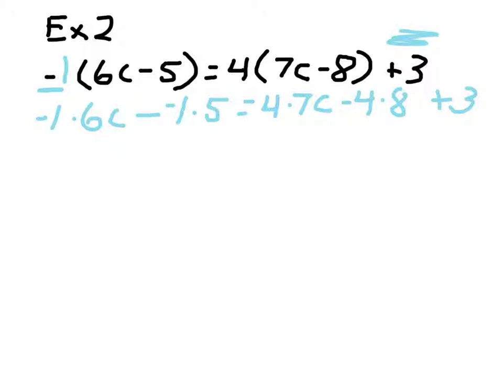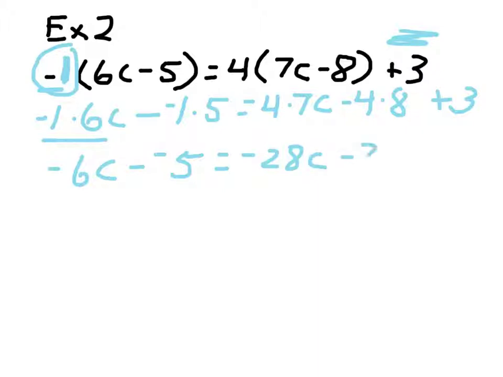Something I want to emphasize here: I just had a minus sign out there, so really I could write a 1 there, because it really means a negative 1, and we're distributing a negative 1. Now multiply. I have a negative 6c minus a negative 5 equals a negative 28c minus 32 plus 3.